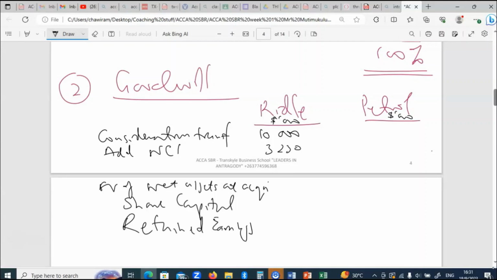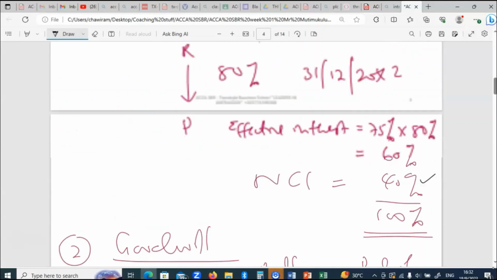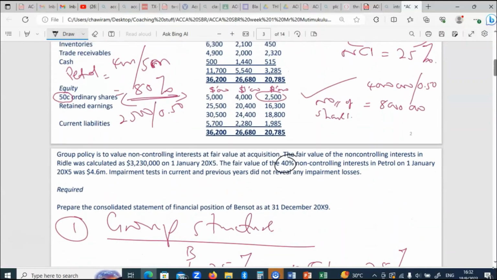So the share capital was how much? Usually the share capital doesn't change. That's the normal assumption. When it changes, the examiner will tell you. So the share capital for Ridu was 4 million. Just assume that it did not change.